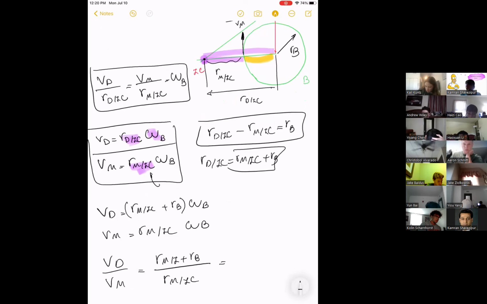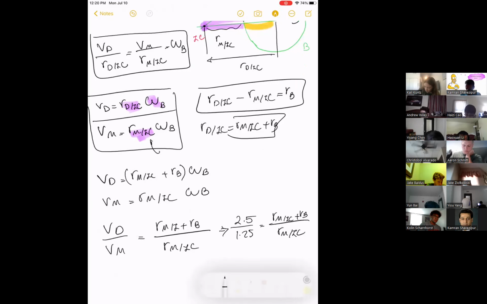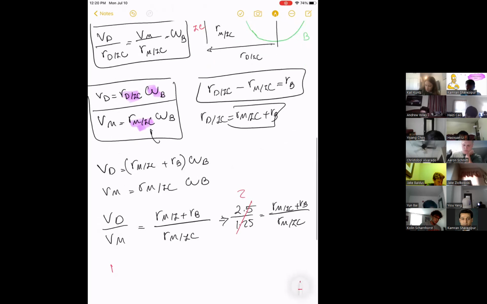And if you get that, you're going to get 2.5 divided by 1.25 is RMIC plus RB over RMIC. This is going to be 2, which means RMIC is going to be the same as RB, 0.3.